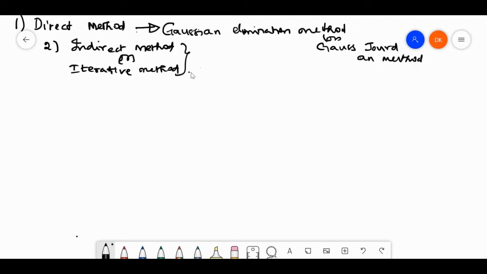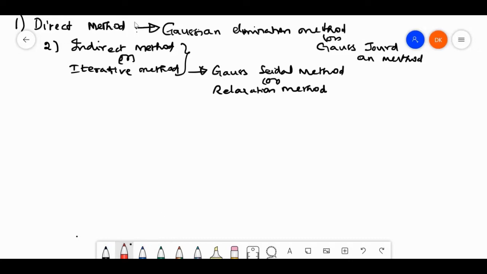For the indirect method, the example is the Gauss-Seidel method, or you can use the relaxation method. So these are the direct method and the indirect or iterative method. For the direct method, the Gaussian elimination method or Gauss-Jordan method is used, and the iterative methods are the Gauss-Seidel method and the relaxation method.